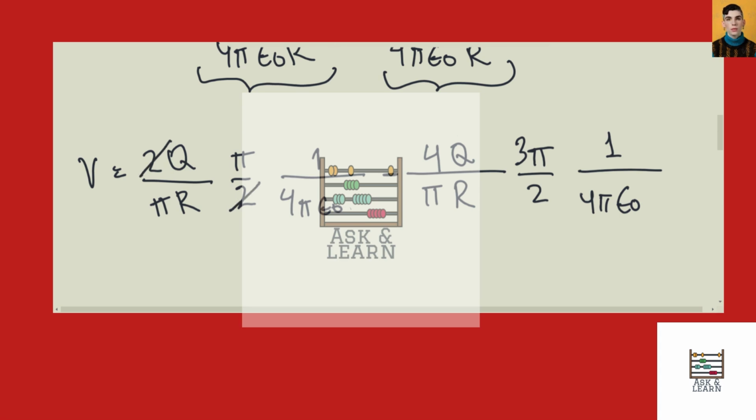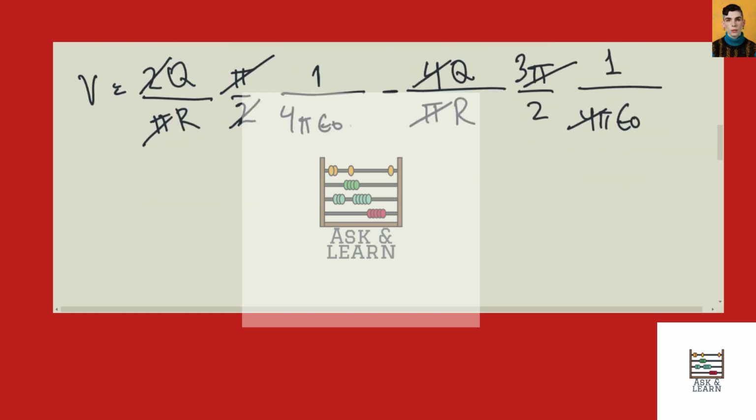We can cancel this with this, this with this, and also in here, this with this, and all this with this. So after we subtract these two terms, we are going to obtain minus 5q over 4 pi r epsilon 0. So this is the potential at the center of the circle.